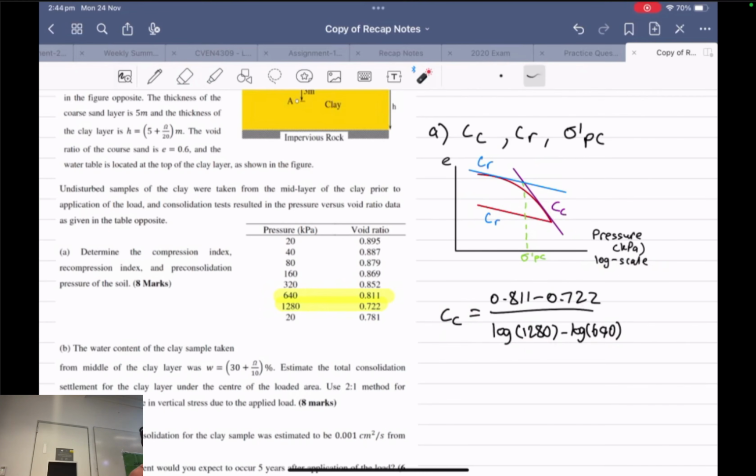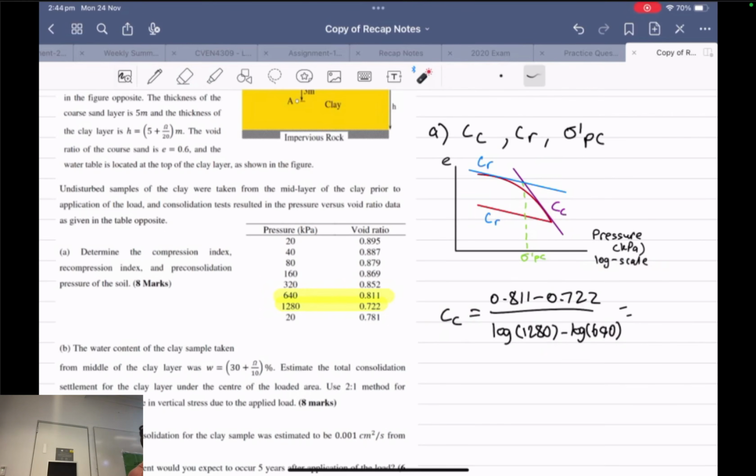So you just think about which 2 points you want to use, and make sure the numerator and the denominator are both positive. So don't get too confused about the order. As long as you use the same points, the order in terms of numerator and denominator doesn't matter. It just has to be positive.